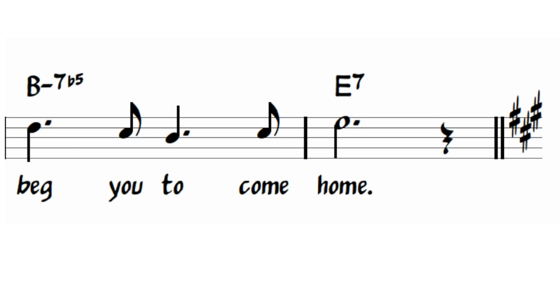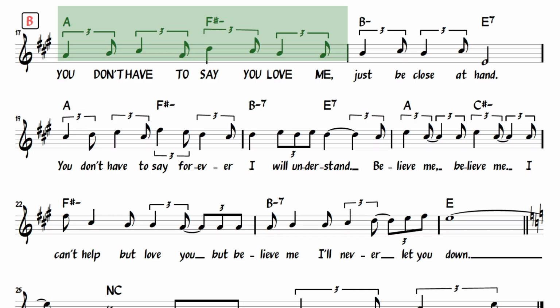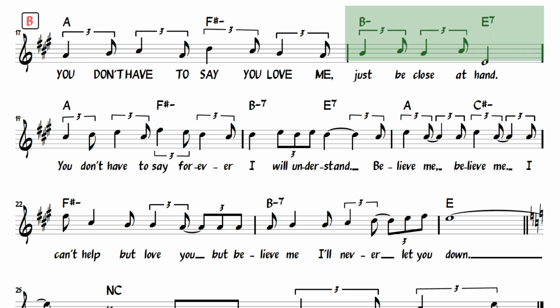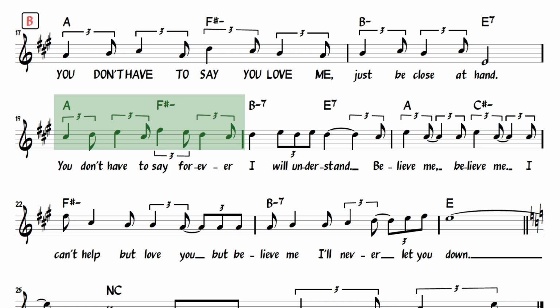Anyway, it keeps going, and then we come to this climactic part in the verse. And all of a sudden, I'm not doing a very good job playing this, but nevertheless, you get the idea.